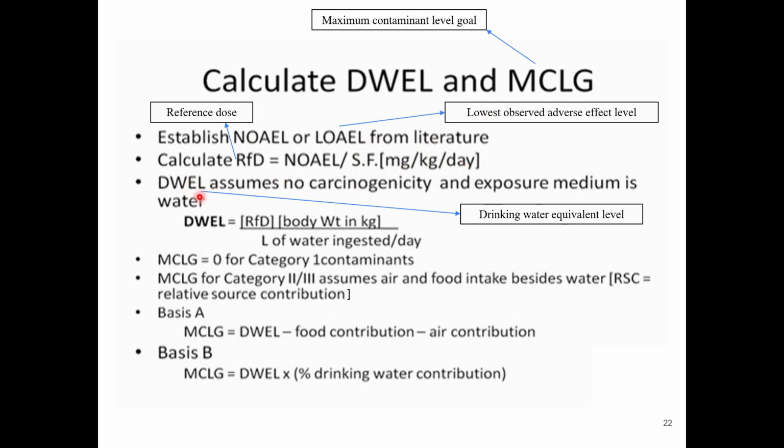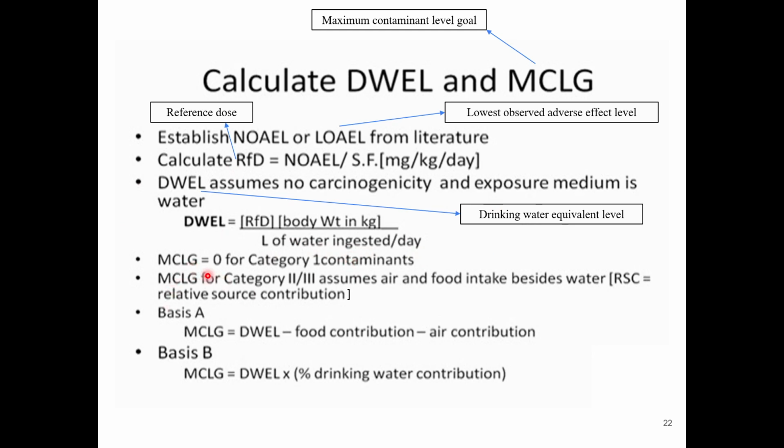And the DWEL, the drinking water equivalent level, assumes no carcinogenicity and that the exposure medium is water. So it is the reference dose times body weight in kg, divided by liters of water ingested per day. That is how we calculate the DWEL level.